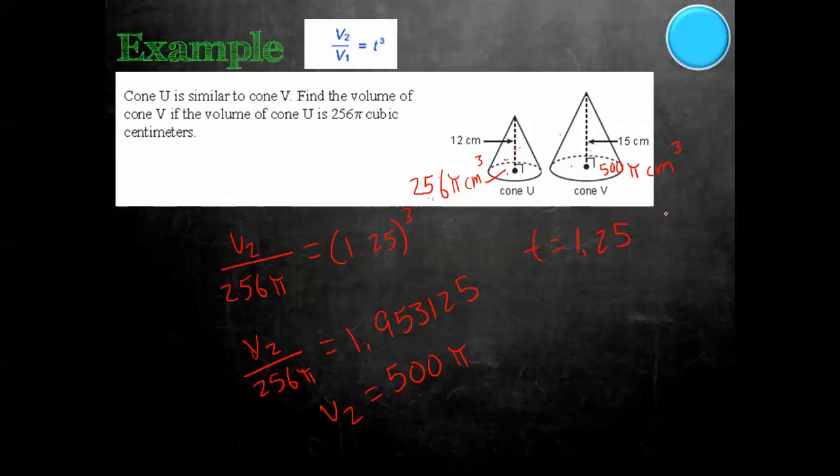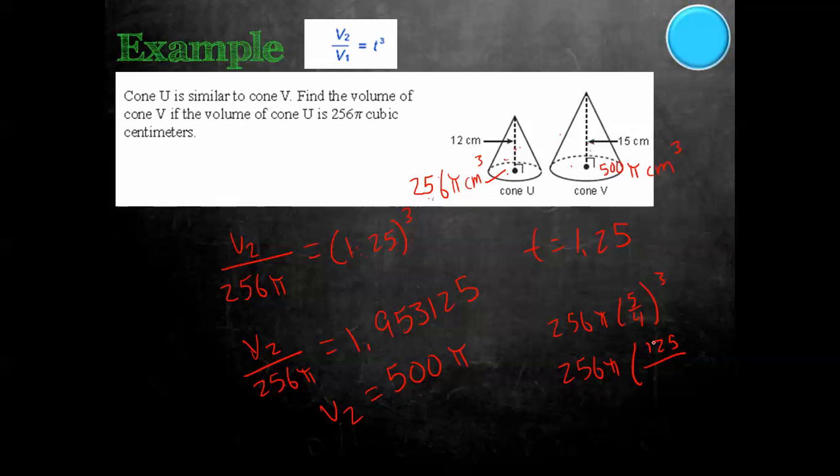Okay, and we can test that, right? We can take this 1.25, which is just 5 over 4. Okay, so that would be an easier way to check our answer, right? So we could take 256 pi times 5 over 4 cubed. Remember, we already did 5 cubed.